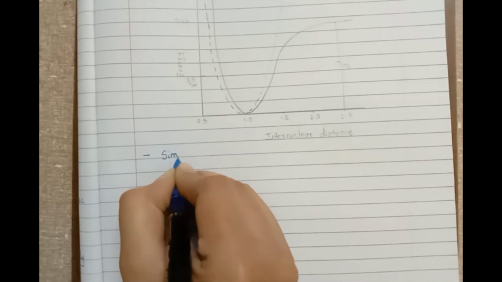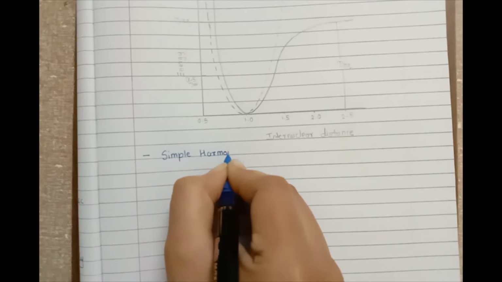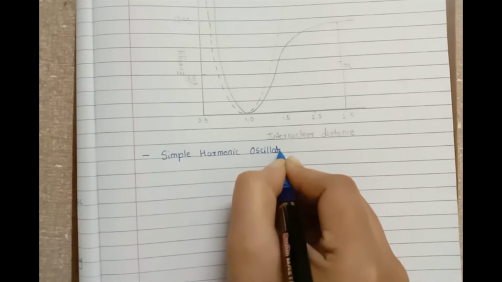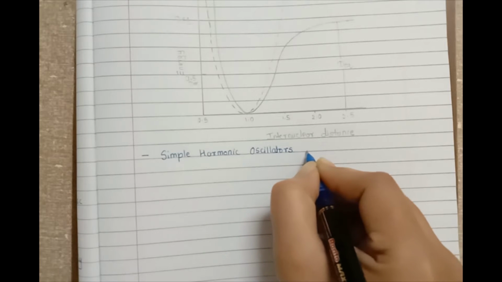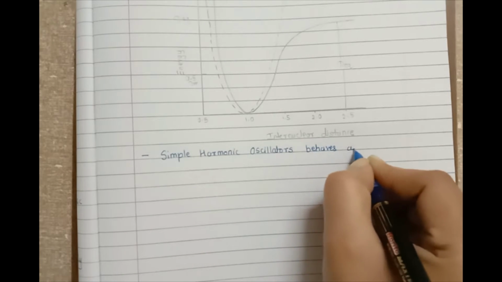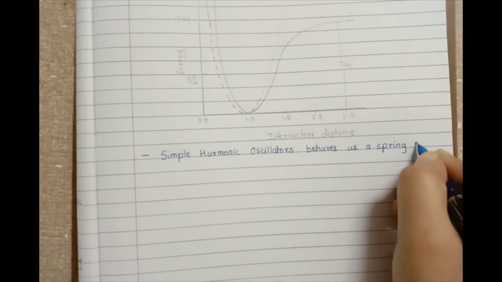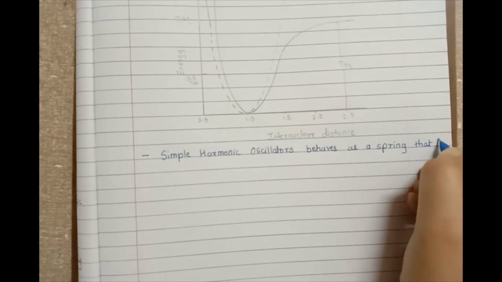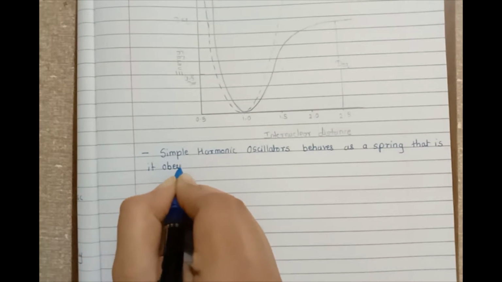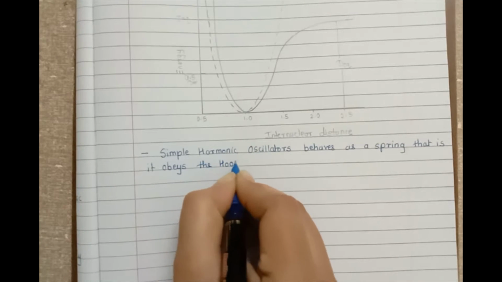Simple harmonic oscillator behaves as a spring, that is, it obeys Hooke's law.